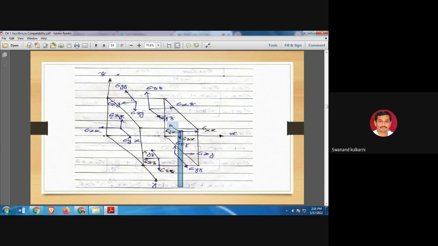Similarly, if we look at this particular arrow, in which direction is it moving? This arrow is moving in the direction of y, parallel to the y-axis.